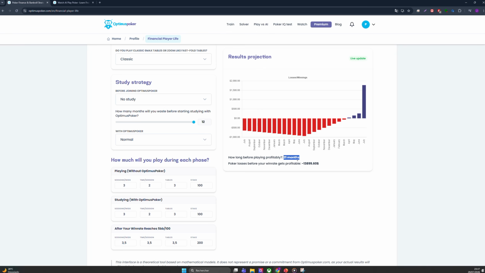And during these 21 months, he would spend almost $14,000. By the way, these are theoretical examples with mathematical modelization.